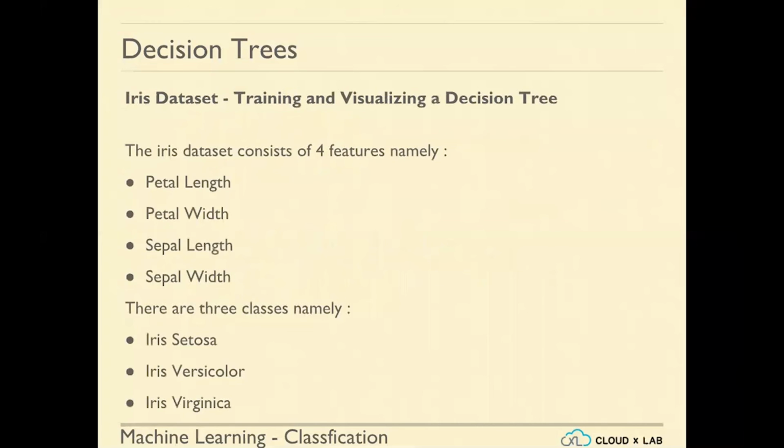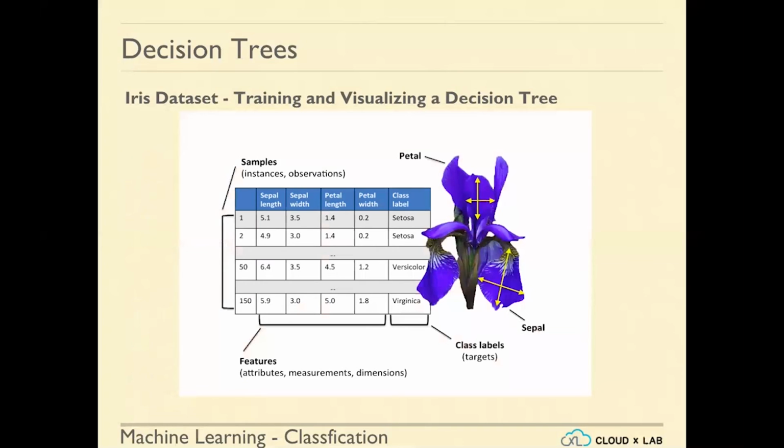The iris dataset consists of four features, namely petal length, petal width, sepal length, and sepal width. There are three classes named setosa, versicolor, and virginica, right? We all remember this. So what we do in this case is, everything is going to be numbers.